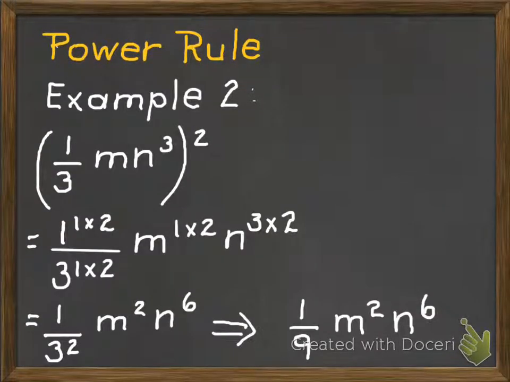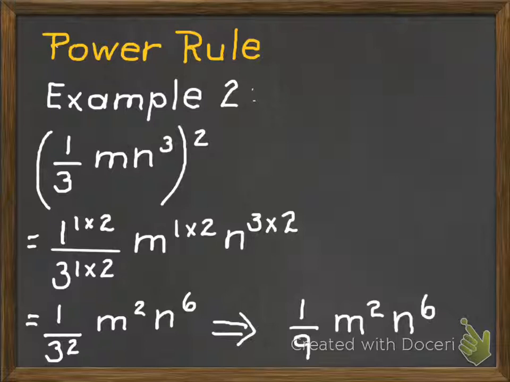Here's a second example of the power rule. Suppose you have factors within parentheses raised to another power. So each of those factors in parentheses has a power already, but then it's raised outside the parentheses to a second power. So the 1 on the 1/3 has a power of 1. It is multiplied by 2. The 3 has a power of 1.